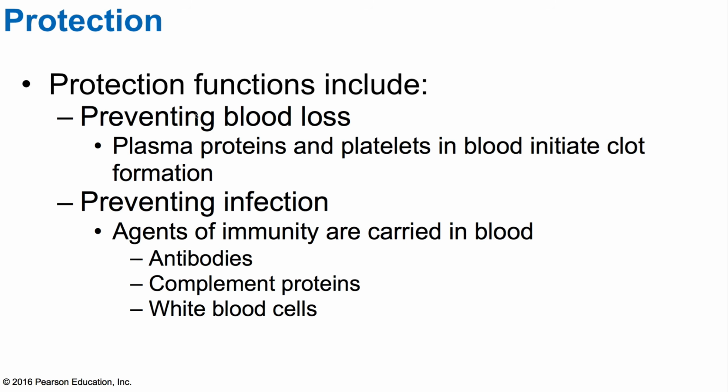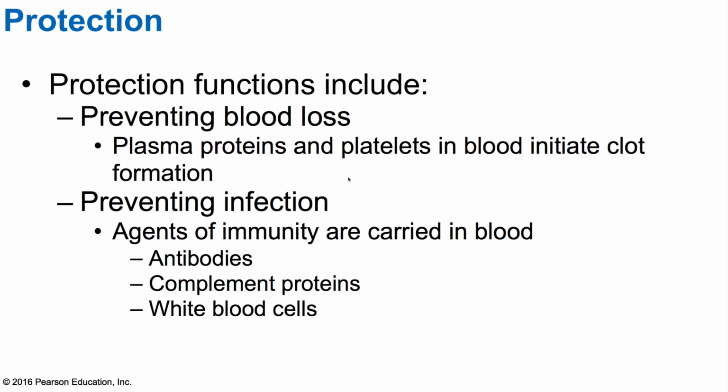Now, because we have these formed elements like platelets, and also specific plasma proteins, our body is able to initiate a clot formation. And this clot that forms is what prevents excessive fluid loss. In other words, you're going to bleed, but within minutes, as all the proteins and the platelets come to the site of injury and this clot forms, the blood loss stops.